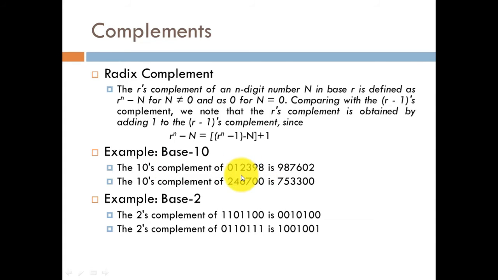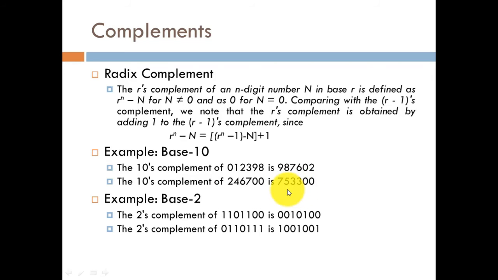So 10 to the power 6 minus 012398. When we evaluate that, we are left with 987602. In a similar manner, the tens complement of 246700 will be equivalent to 753300. The process remains the same. We subtract this number from 10 to the power 6, so we are left with 753300.